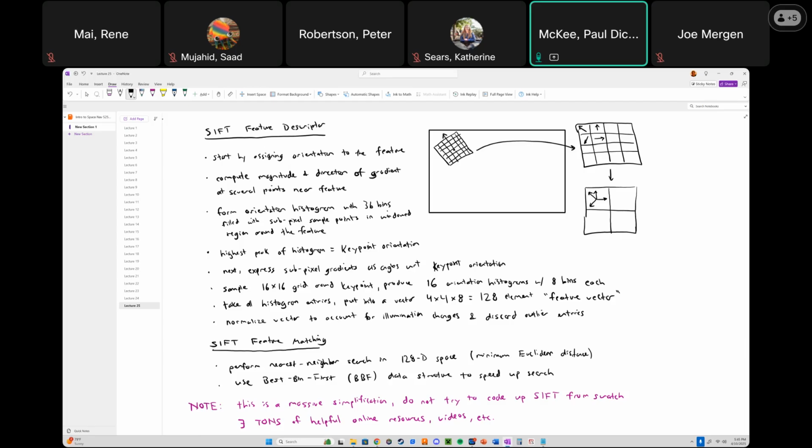I'm trying not to overuse the word bin, because there's image binning and then there's histogram binning, and I feel like we're overstressing that one word. But we're saying, okay, for example, and this is not exactly to scale. Don't linger on these diagrams to get the exact numbers right. But the idea is that imagine that this is really supposed to be 16 by 16, and then this is really supposed to be 4 by 4. And we're saying, okay, these points are all going to collapse into one.